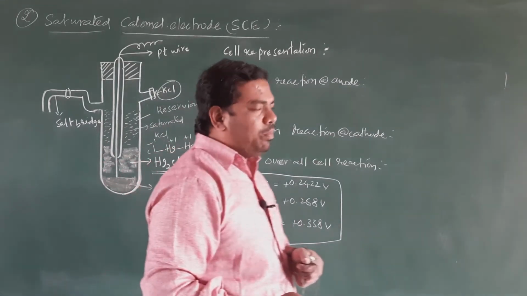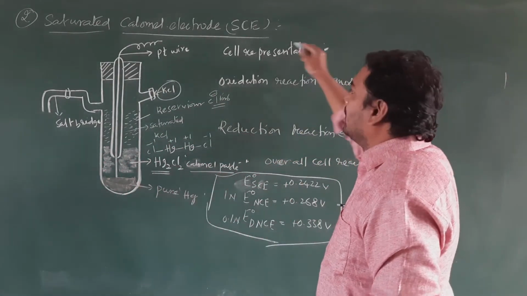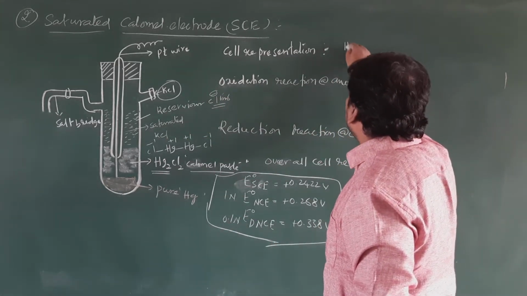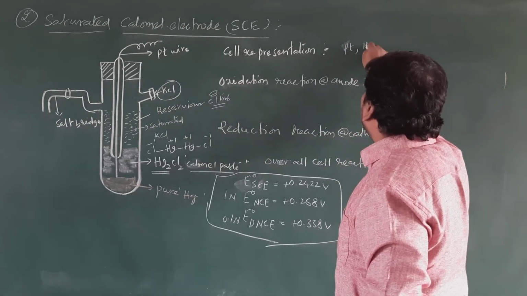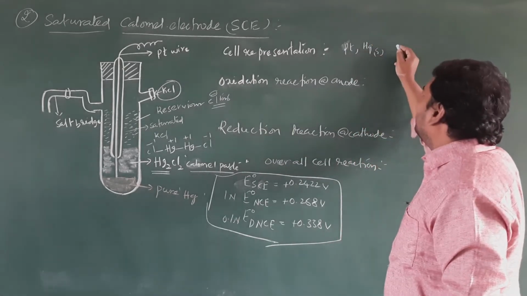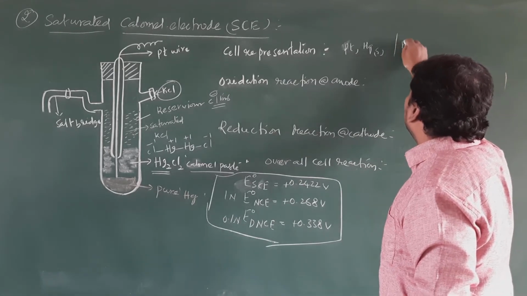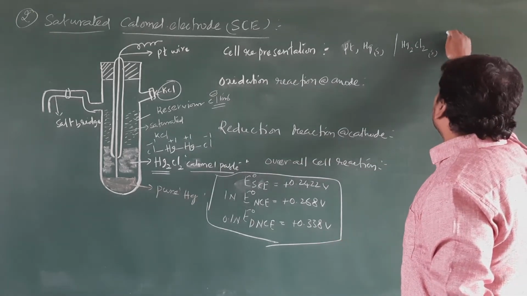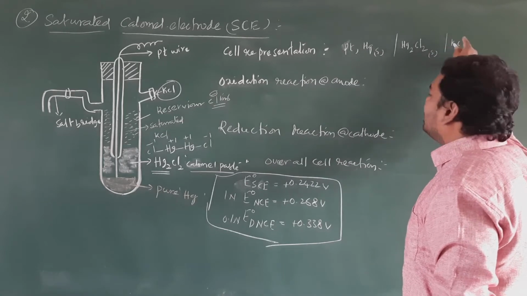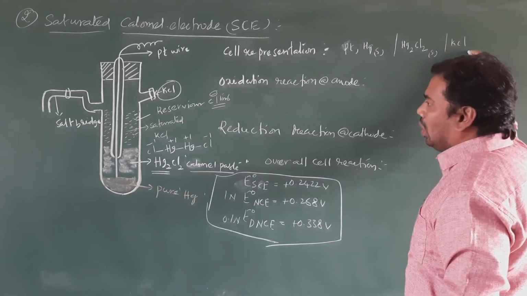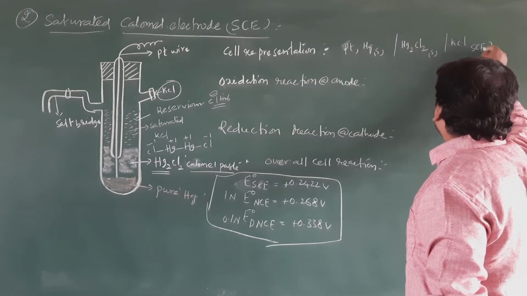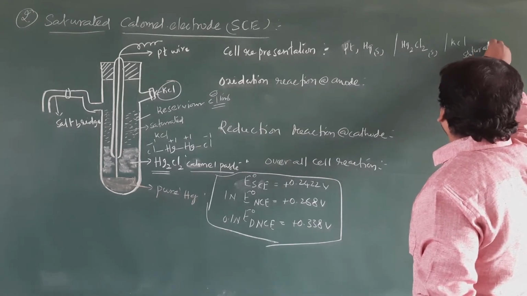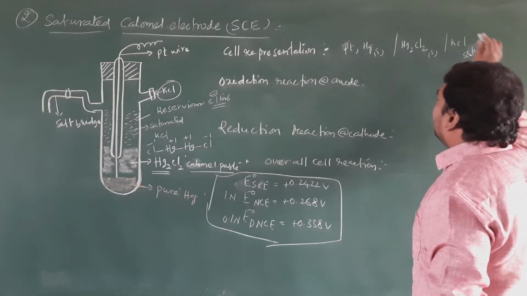So how do we represent a cell reaction of this calomel electrode? That is Pt, Hg (solid) | Hg2Cl2 (solid) | KCl, which is saturated KCl.